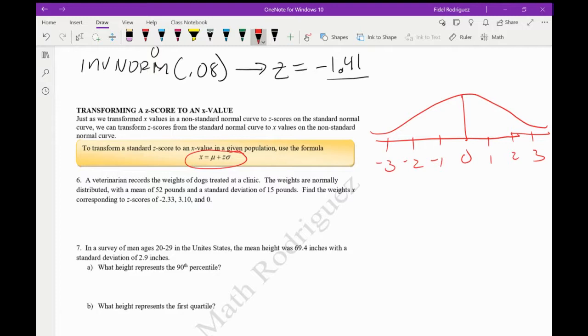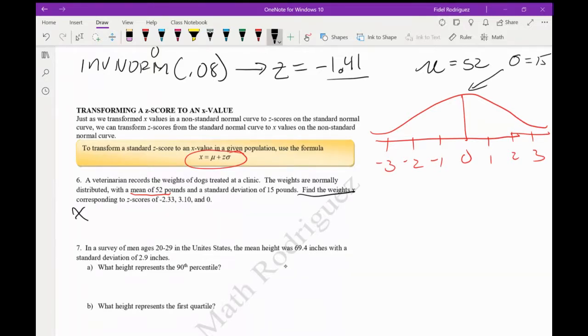In this particular problem, we know that the mean is 52 pounds, so my mu is 52. That's going to be the number in the middle. And my standard deviation sigma is equal to 15 pounds. Now it says find the weights x corresponding to these different z-scores.